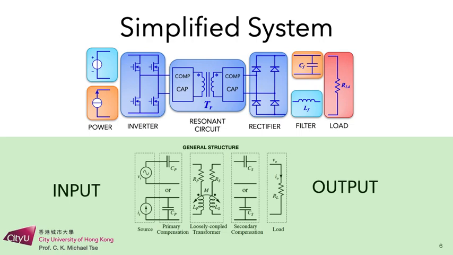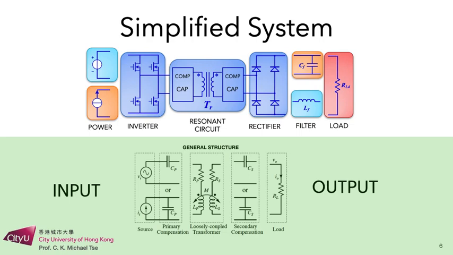If we ignore the inverter and the rectifier for the moment and focus on the compensation circuit, we can identify 4 different types of compensation circuit depending on the input termination and the output termination. Namely, these compensations are series compensation, series parallel compensation, parallel series compensation, and parallel compensation.